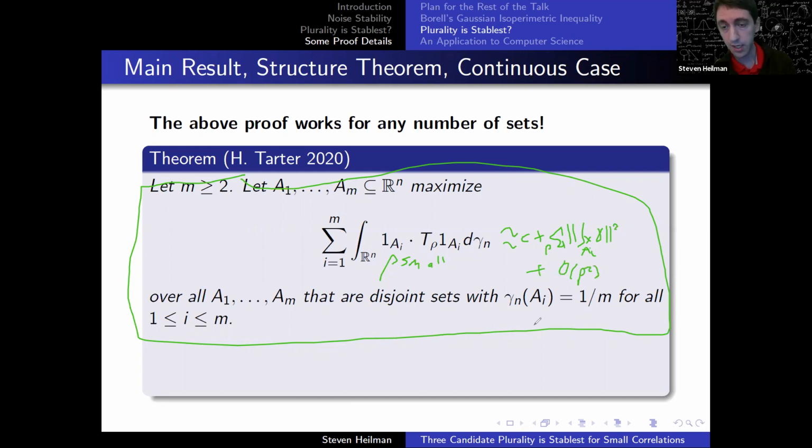This is the connection between the two. When rho is small, the big O rho squared term is negligible, and the main term is exactly the sum of the Gaussian moments squared. That's the connection between what I was just talking about and this current case, and that's why I need rho to be small in order to make the method work, because I use that connection.